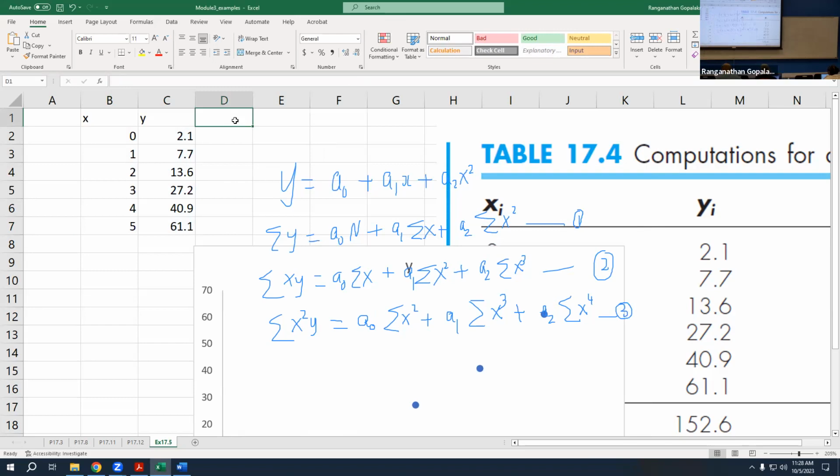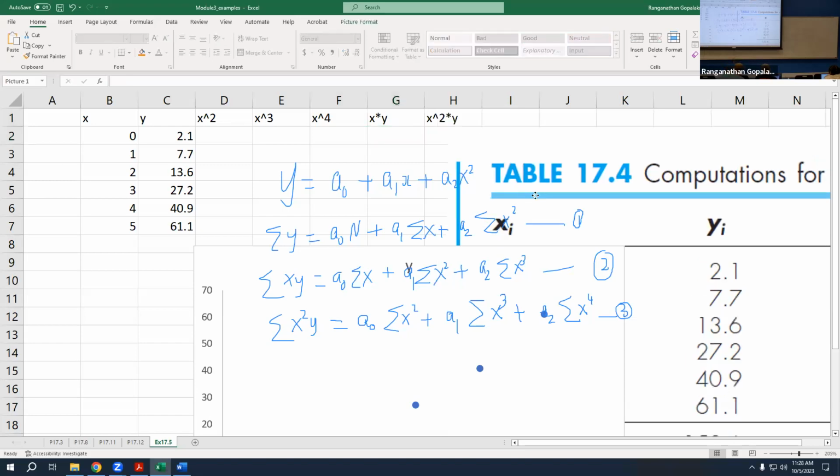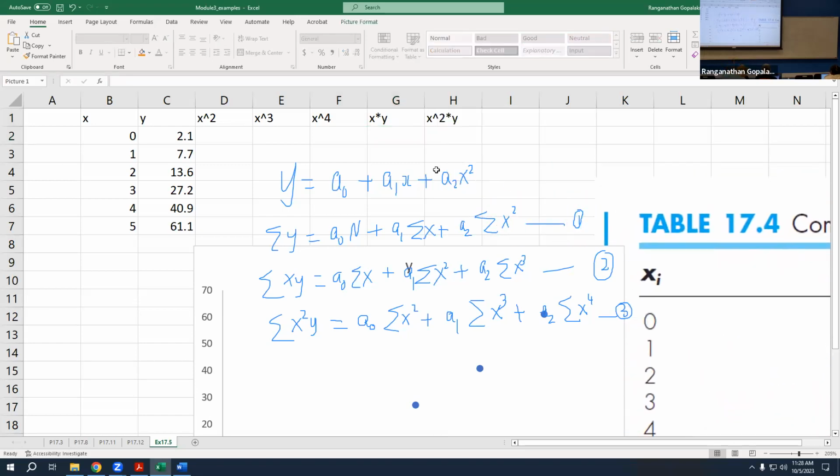I'm going to write x squared, x cubed, x to the fourth, xy, x squared y. X squared is easy enough: take the x value, square each entry and compute the values.